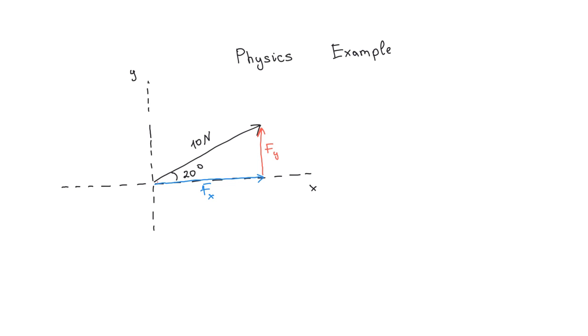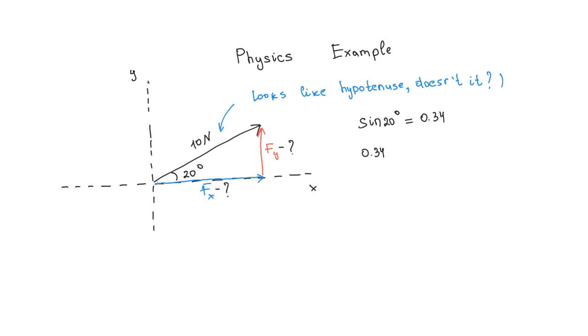As we can see, 10 newtons is the hypotenuse of the triangle. We need to find the values of legs Fx and Fy. We use sine of 20 degrees, which is around 0.34, and it is equal to Fy over 10. We multiply both sides by 10 and have Fy equal to 3.4 newtons.